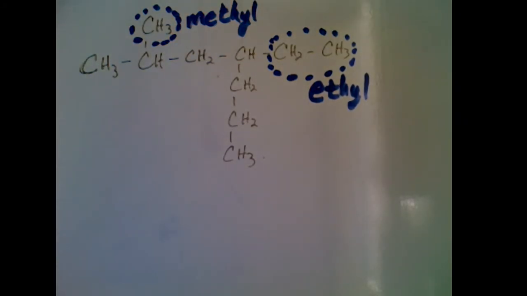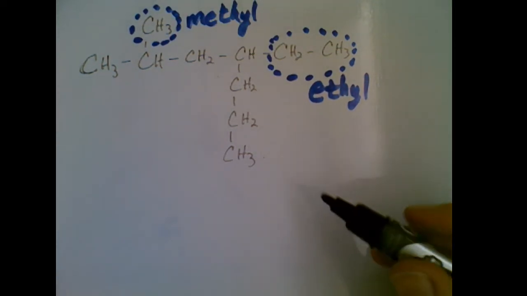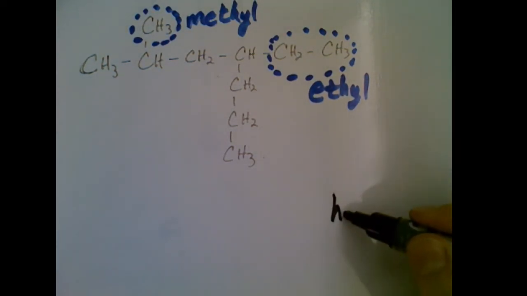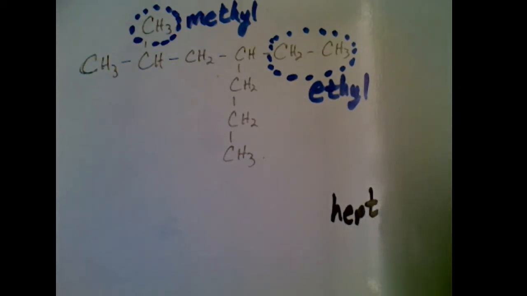We also have this 7-carbon chain, and so let's think about what the main chain would be called. 7 carbons is hept. They are all single bonded, so ane, so heptane. Now let's think about our numbering system.